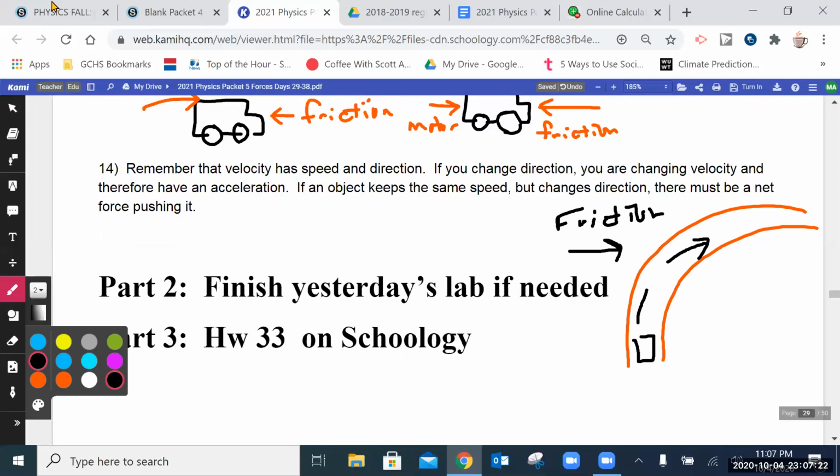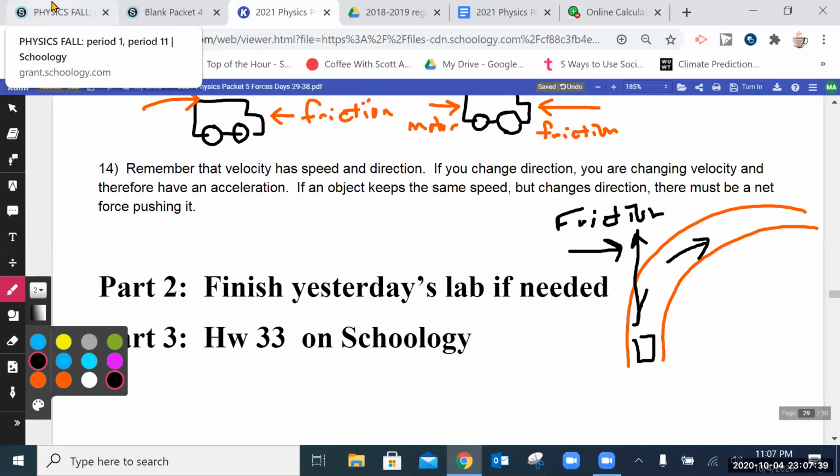If you remove that friction, let's say with an icy road, ice has no friction, the car is just going to keep on going straight and end up going into the ditch. You have to have that friction that pushes it. And in the same way, you have to turn the tires with the steering wheel, and that will create this extra friction. If you don't turn the tires, you're not going to have the friction, you're not going to turn.